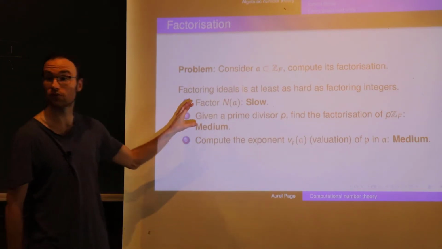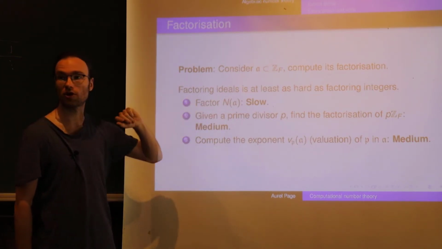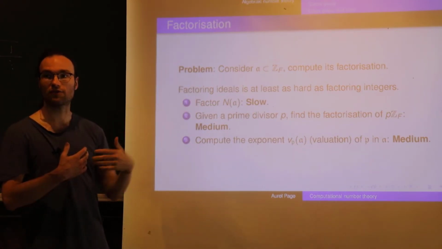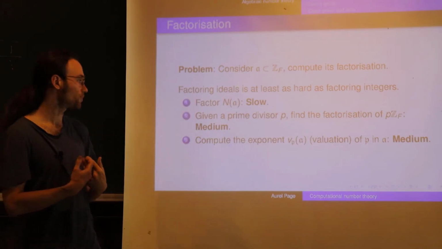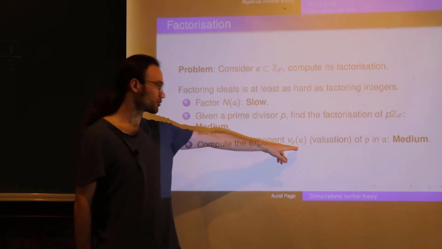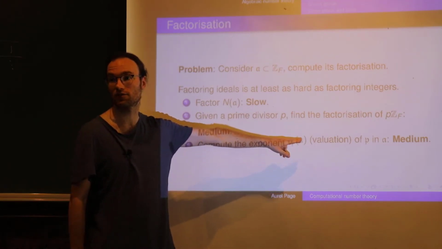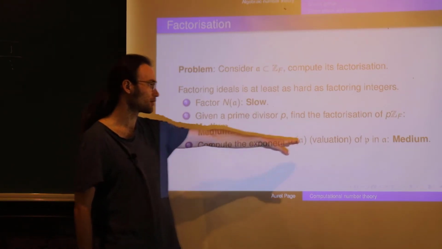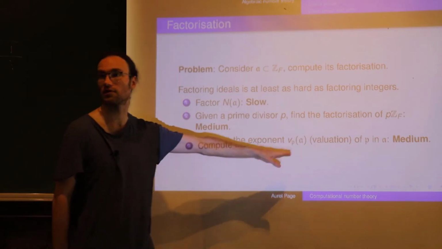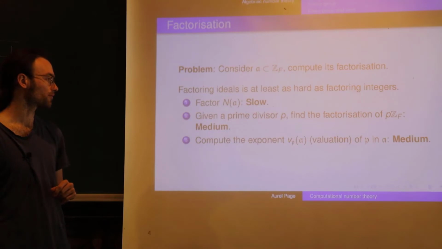Now what we're going to see is that this can be done in polynomial time. And once you've done that, you have a set of candidate primes that could appear in the factorization of A. For each of these, you should compute the exponent of P in this factorization. That's what we call the valuation of P in A. And as we'll see, this can also be done in polynomial time.